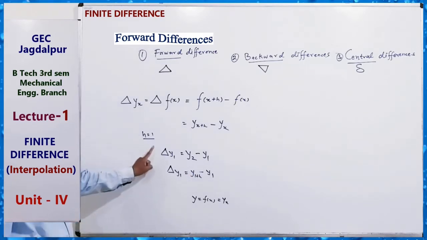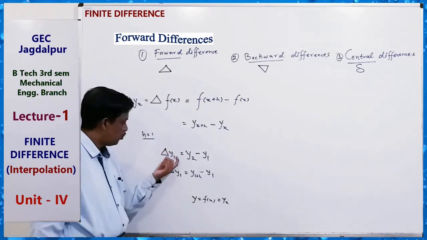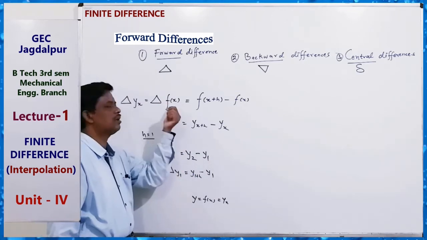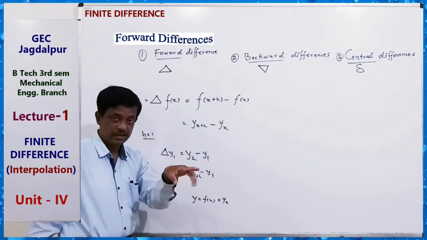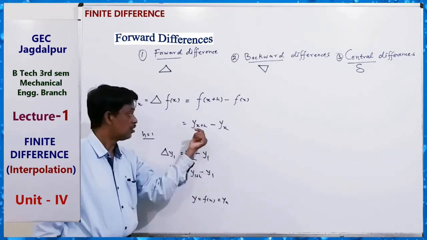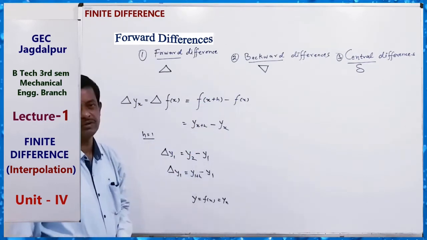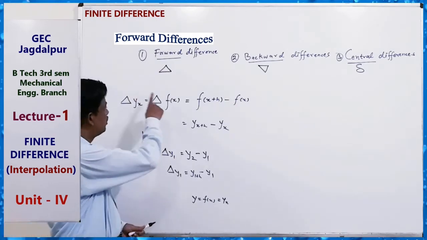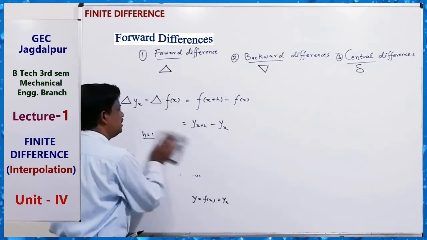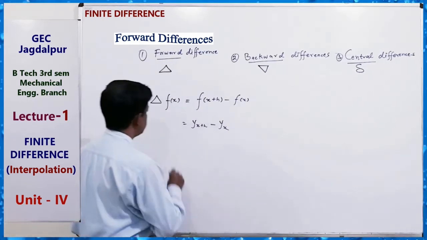So the first forward difference says y(x) or f(x) is subtracted from the value of the function where the argument is one interval of difference greater. This is the definition of the first order forward difference. Remember it. Similarly, we can find the second order difference and third order difference.